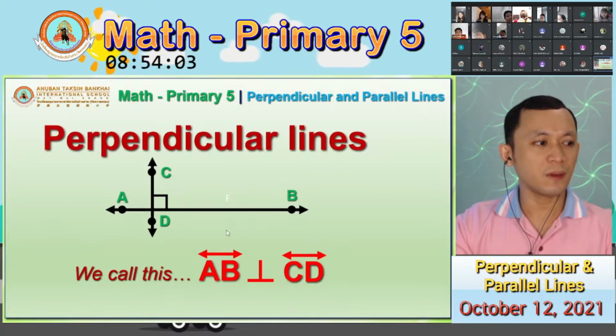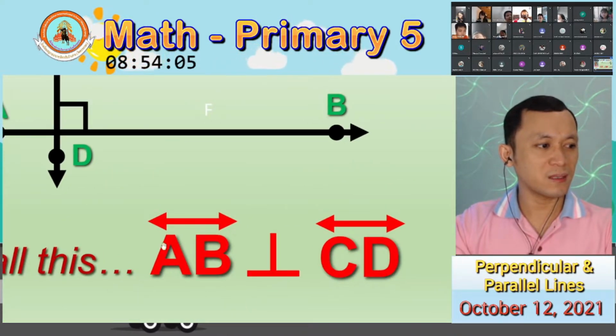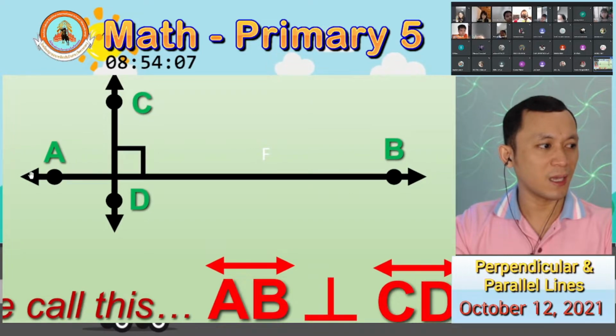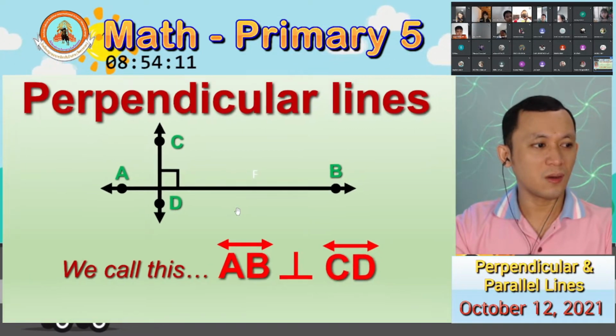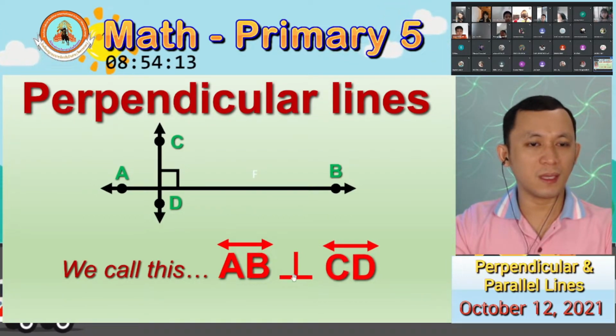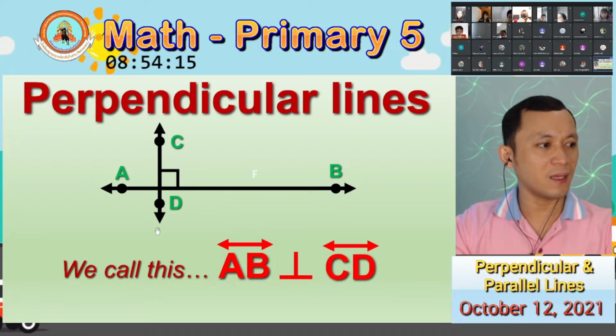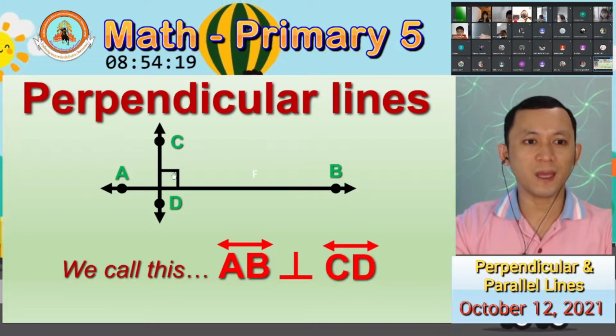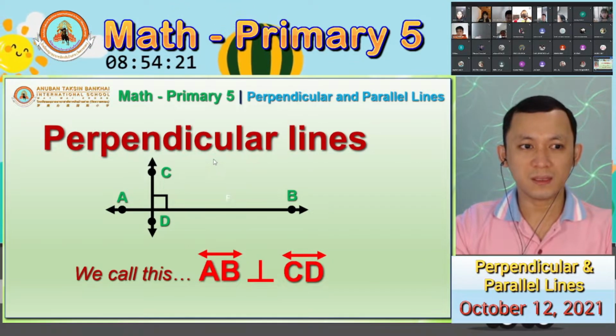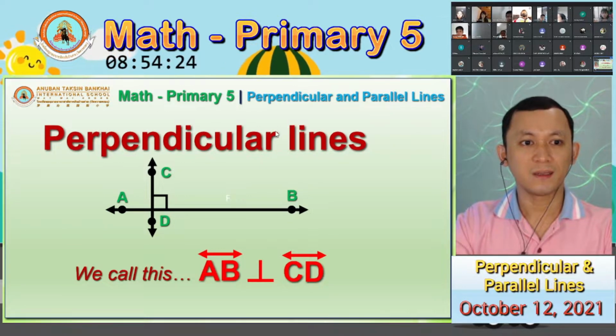In this example, we can say line AB, here it is, is perpendicular with line CD, here. It forms a right angle, so it is a perpendicular line.